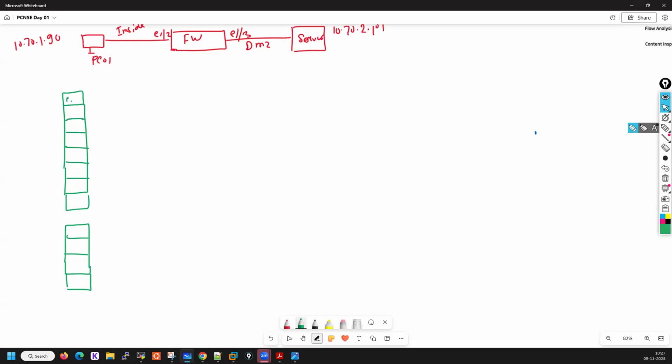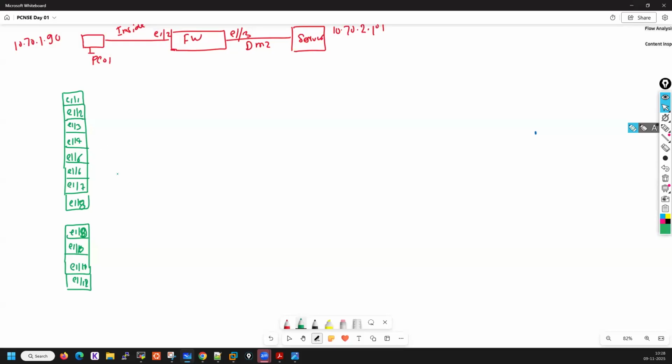We have interfaces starting with Ethernet 1/1, 1/2, and so on, then Ethernet 1/8, 1/9, 1/10, 1/11, 1/12.